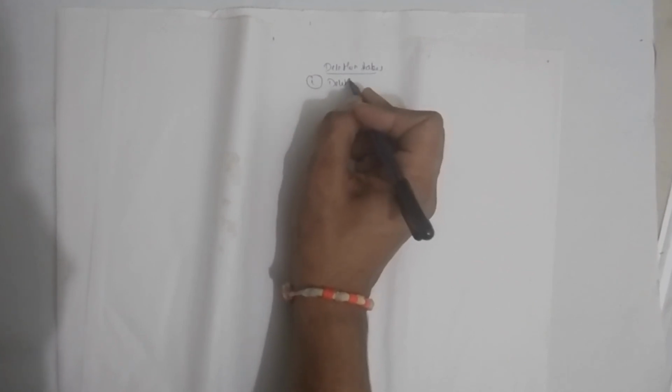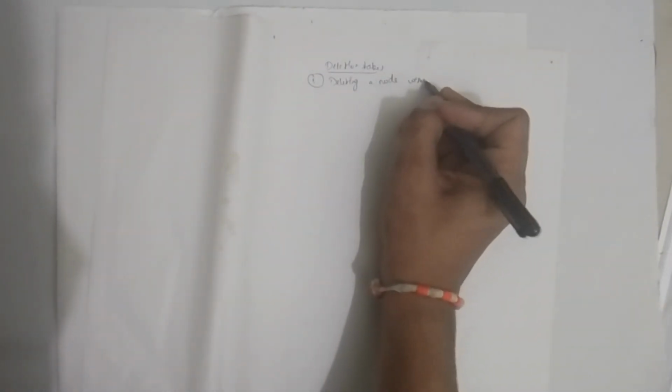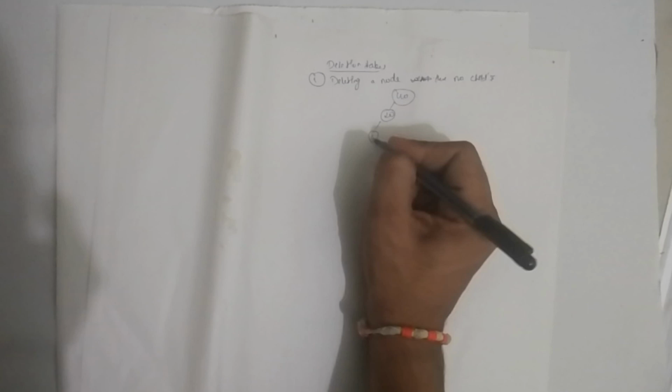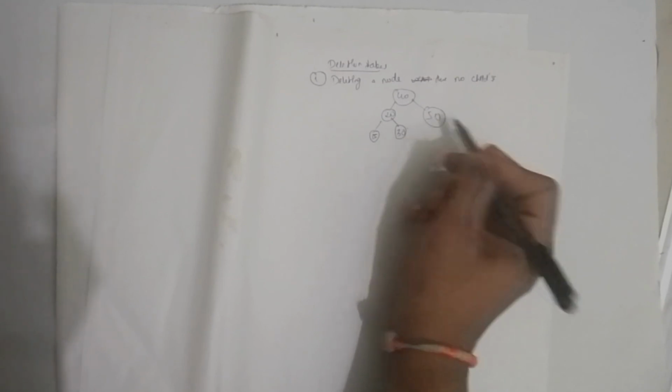First, deleting a node which has no child nodes. It's very simple. Take the example 40, 20, 15 and 30, here 50.